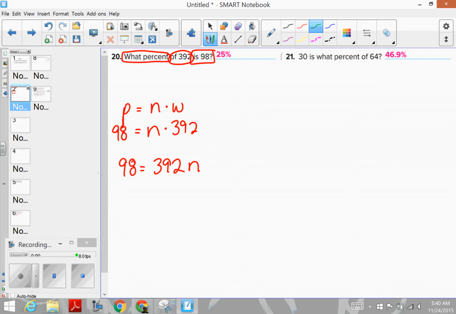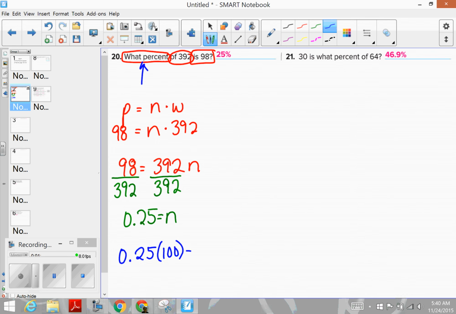Now how we're going to solve this is we're going to divide by the number next to the variable, 392, and that is going to equal 0.25 equals n. Now again, we have to turn our decimal into a percent because they want to know what percent. So 0.25 times 100, and that's going to equal 25%.